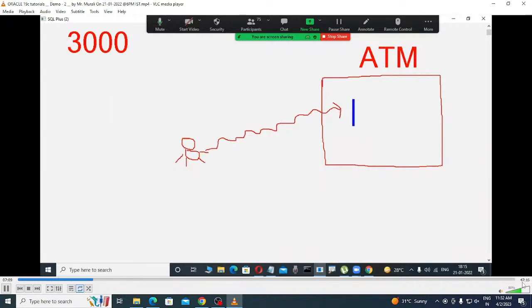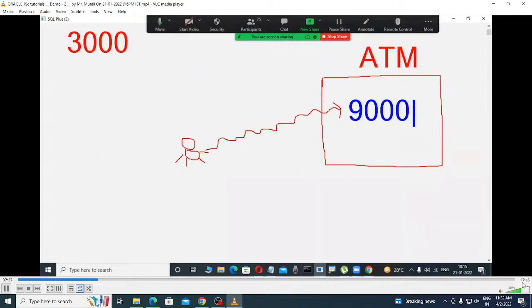Okay, fine, 3,000 is my available balance. After inserting the ATM card, it asks me to enter the amount. Unfortunately, I mentally decided to withdraw 9,000 rupees. Now, as I try to withdraw 9,000 rupees, will I get the 9,000 rupees?